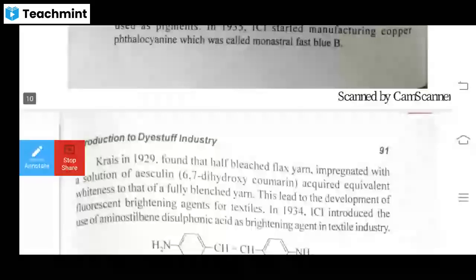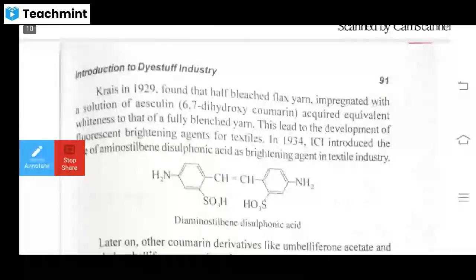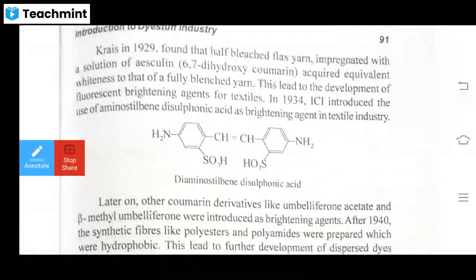In 1929, it was found that they could bleach flax yarns. These scientists also worked on synthetic dyes, on whiteness. This led to the development of fluorescent brightening agents for the textile industry. The brightening agent is required for the bleaching of cottons.